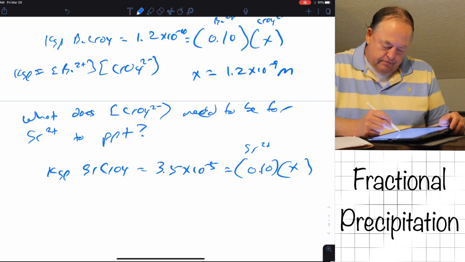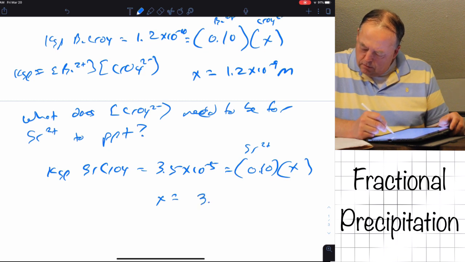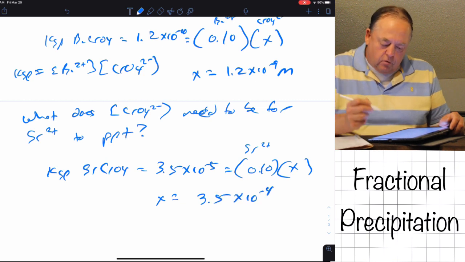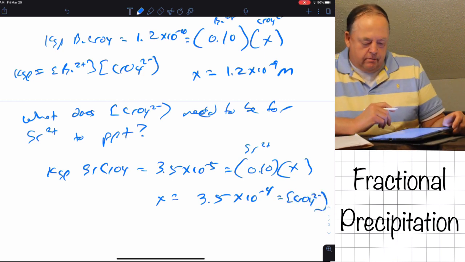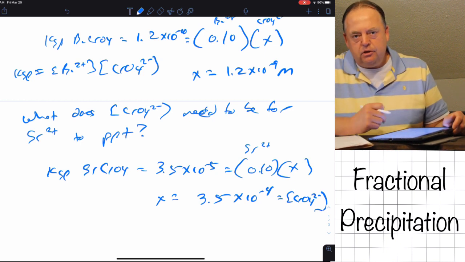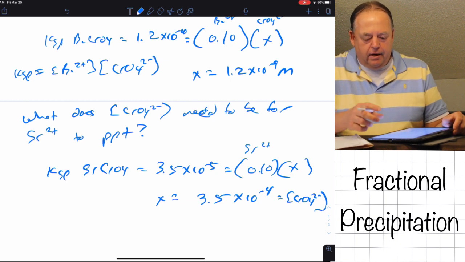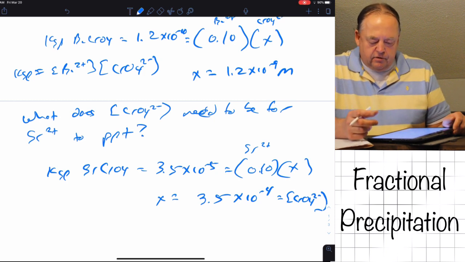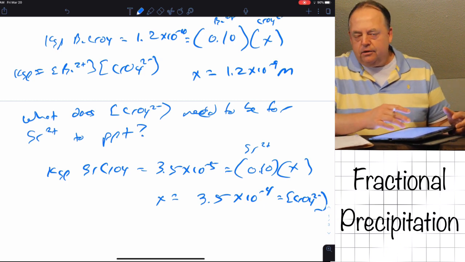Solve for x: 3.5 times 10 to the minus 4 molar. So when the chromate concentration is 3.5 times 10 to the minus 4 molar, then the strontium will start to precipitate as well. If you wanted to separate the barium and the strontium, you would have to filter off the barium chromate before the chromate concentration reached 3.5 times 10 to the minus 4 molar, because at that point strontium chromate will start to precipitate as well, and then you have a mixture of solids.